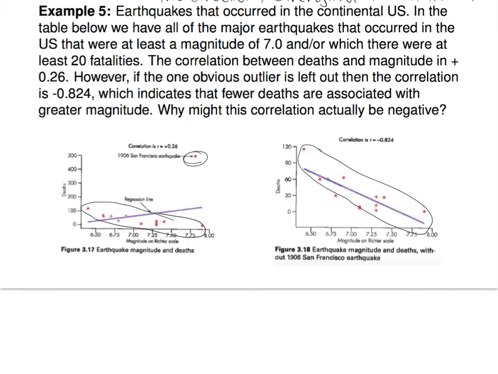So the problem really might be that these really big earthquakes don't tend to happen in very populated places. So one problem may be that earthquakes don't happen only in populated places.